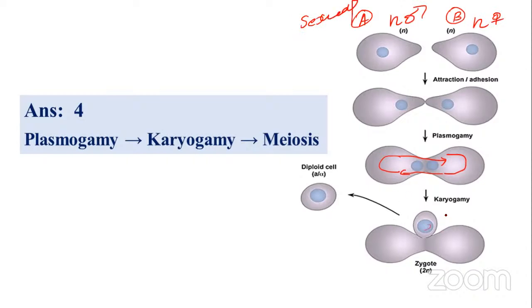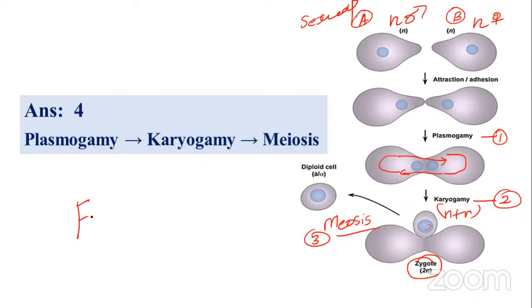That's why N plus N becomes the 2N stage, which is called a zygote. After the zygote formation, it undergoes the process called meiosis. So plasmogamy is the first one, karyogamy is the second, and meiosis is the third one. It occurs in fungi, sexual.